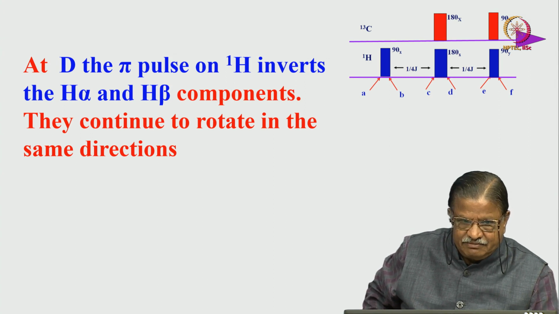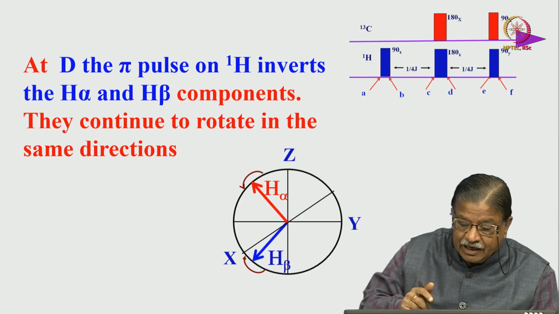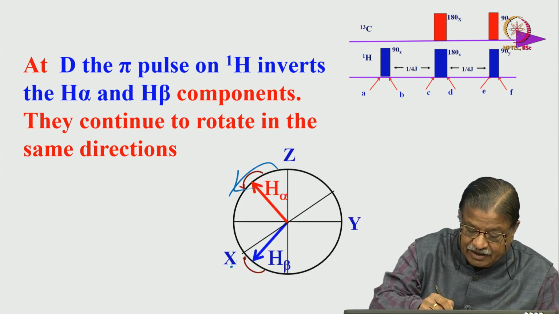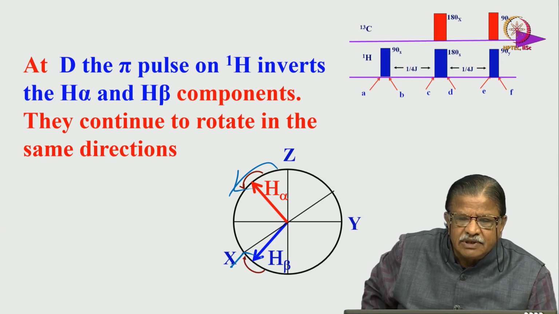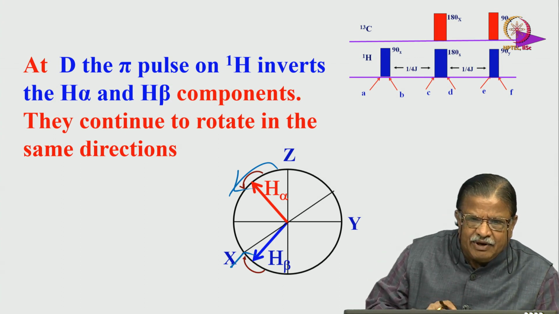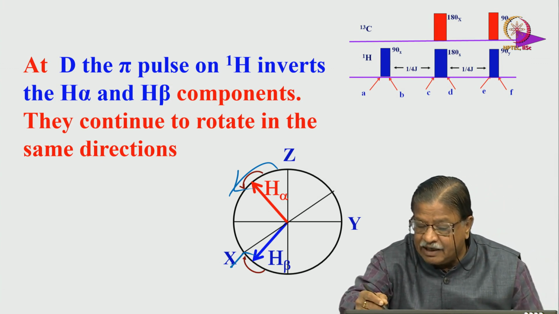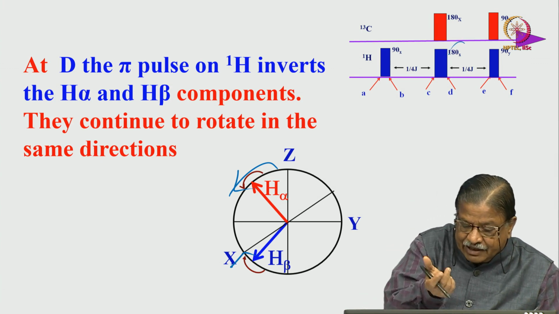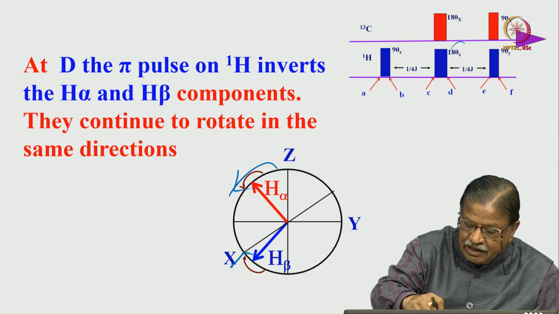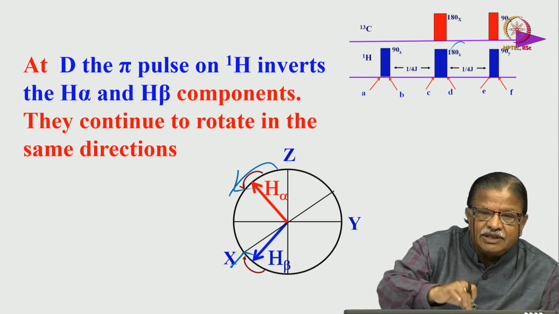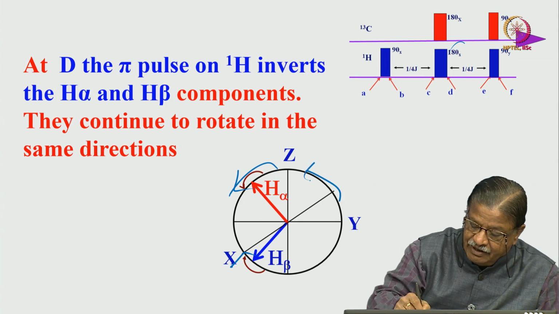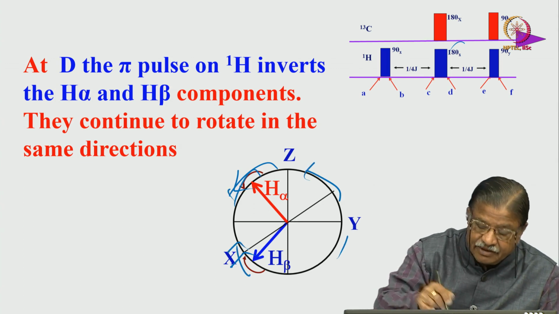But they continue to rotate in the same direction. We are applying a pi pulse along x, so you rotate like this, and the vectors which are here come to this direction. They were moving like this, and they continue to move in the same direction.